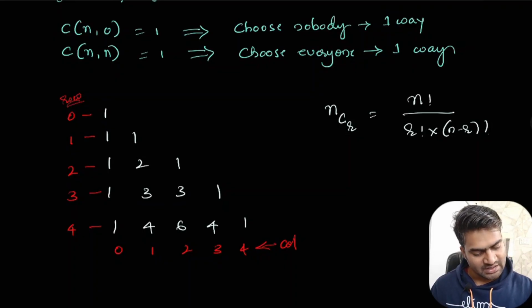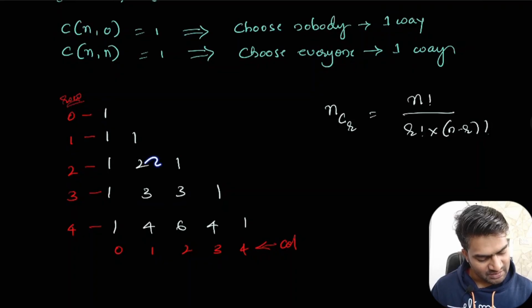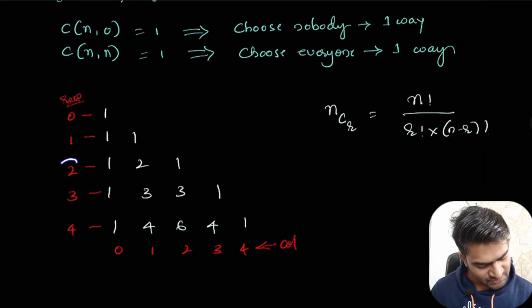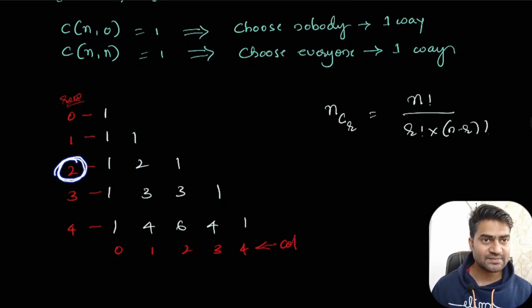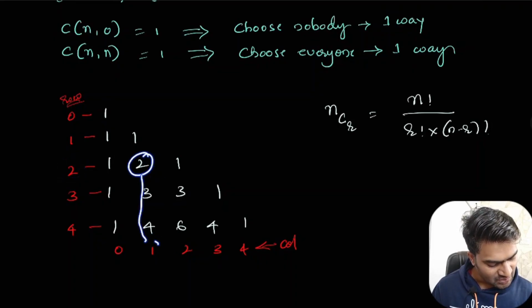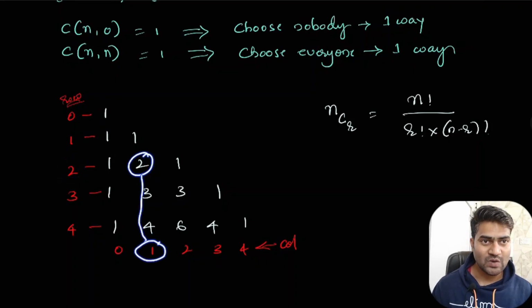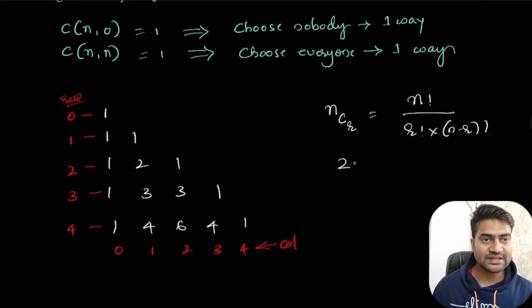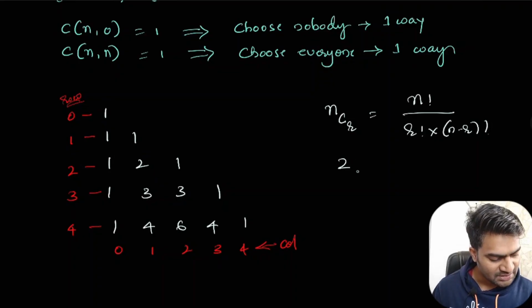Now let us consider this number. How do we calculate it? The row number is 2, actually it is 3, but we are considering 0-based rows. Its column number is 1.